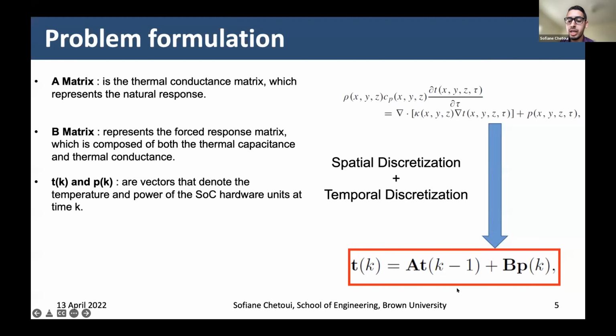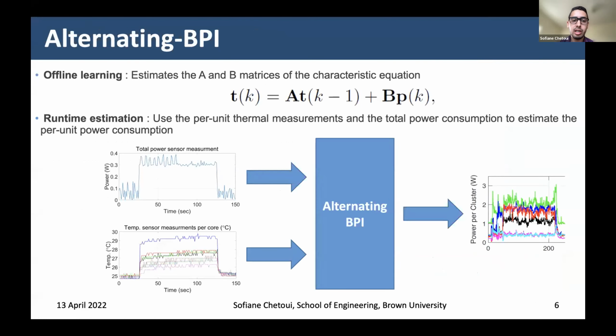So if we are able to estimate or compute the A and B matrices, then we could use the temperature just to estimate the power values of each one of the hardware units. The proposed work, the alternating BPI, is composed of 2 steps.